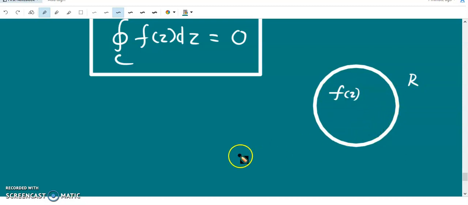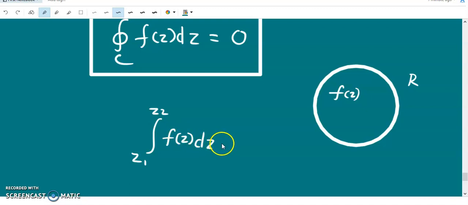Then the value of the line integral of f of z dz from a point z1 to z2, where z1 and z2 are points inside the domain, between the points z1 and z2 is independent of the path of the integration if the path lies completely inside R.